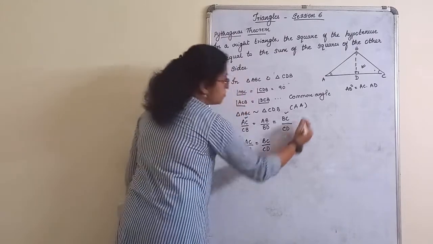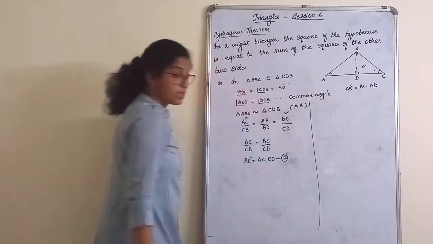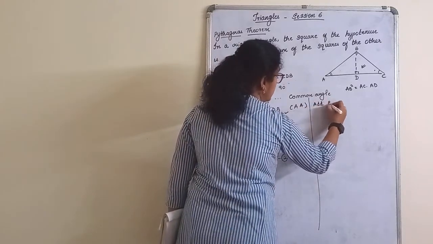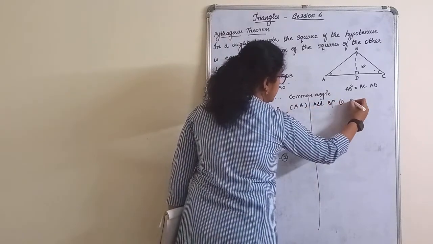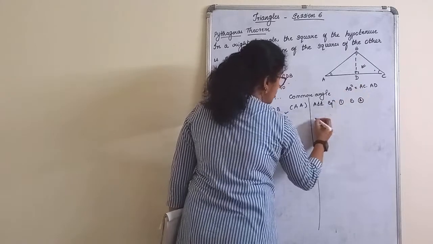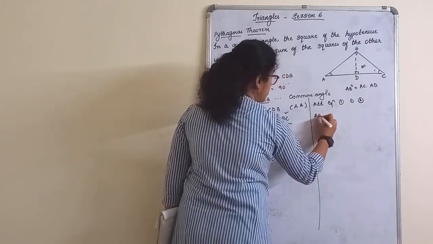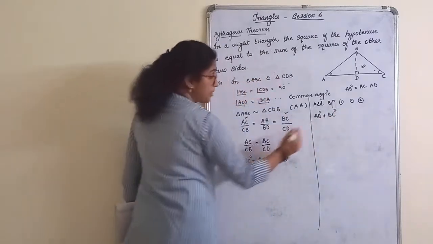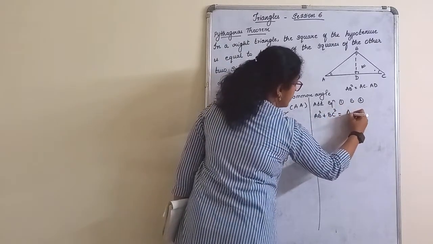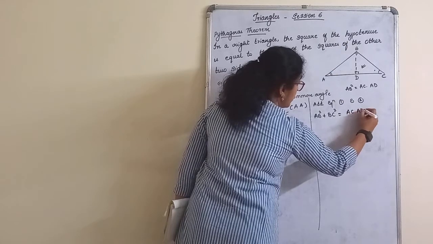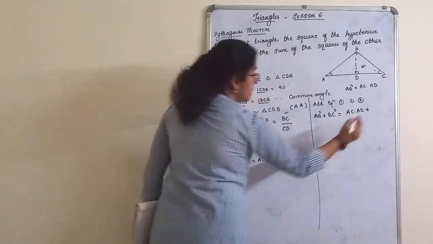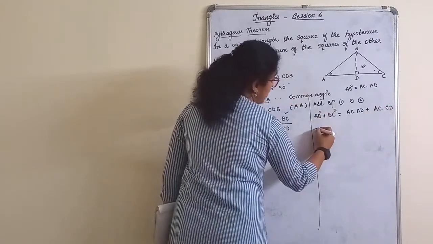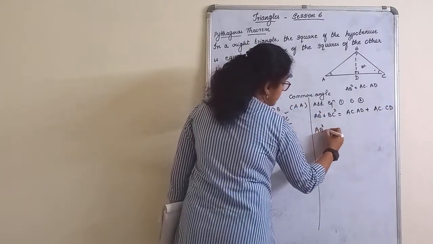Equation 2. Adding equation 1 and 2. I have written first equation here, children. So it's going to be AB square plus BC square is equal to, I'll write this as AC into AD plus AC into CD. AB square plus BC square as it is.